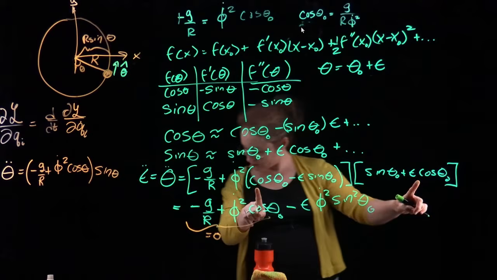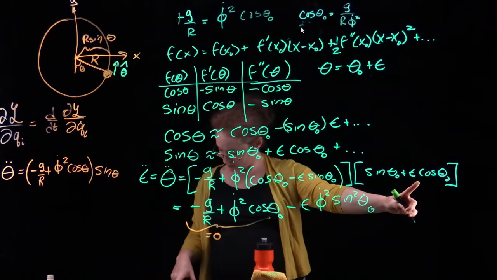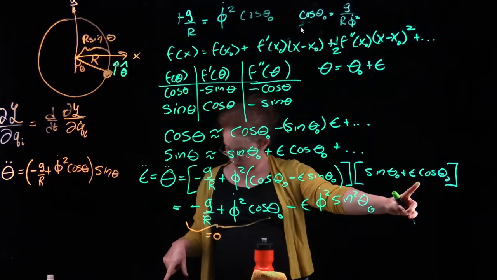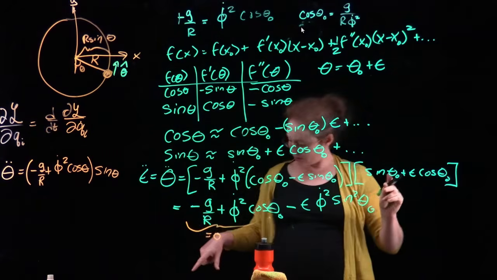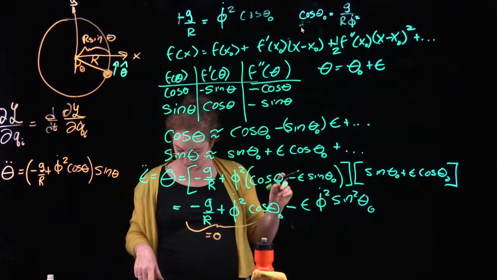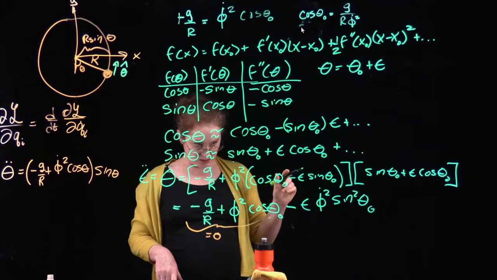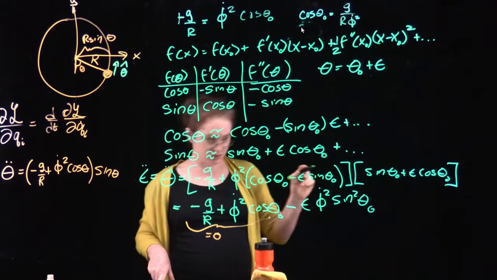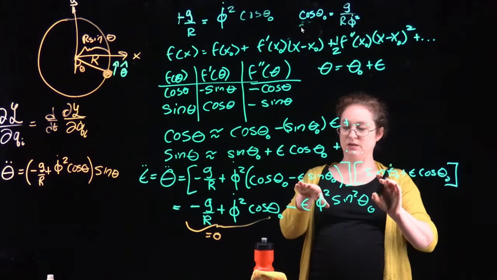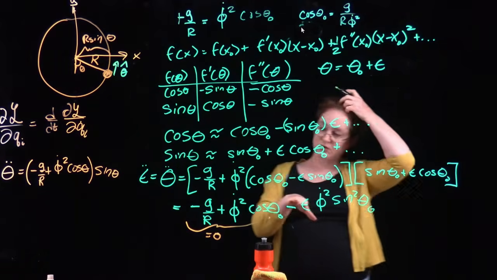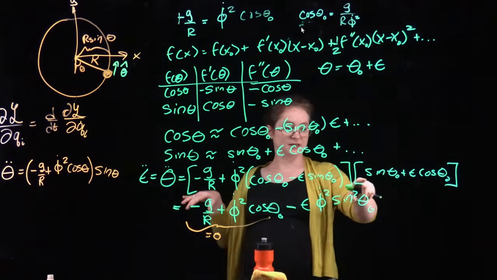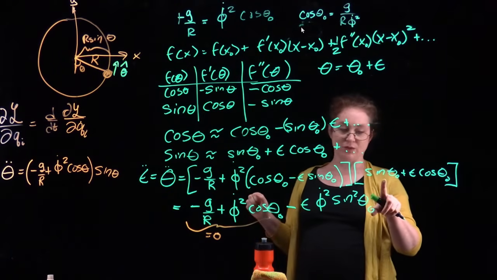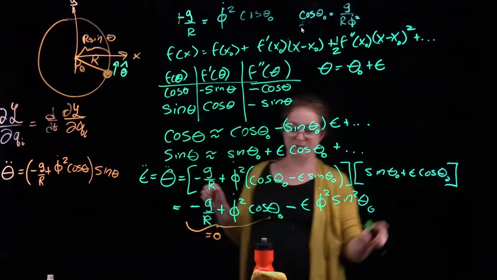And then here I am left with the sine theta naught term, but because this stuff is 0, that term goes away. And then I am left with terms of order epsilon squared.